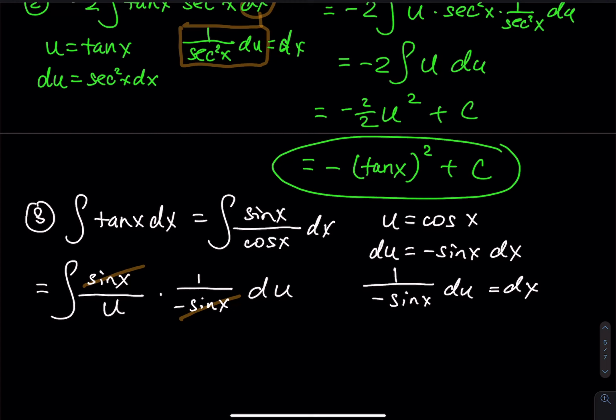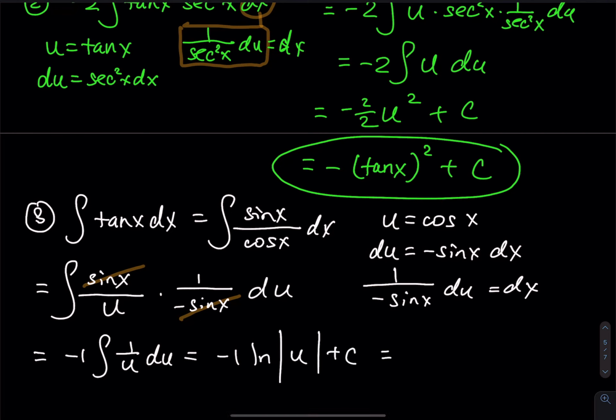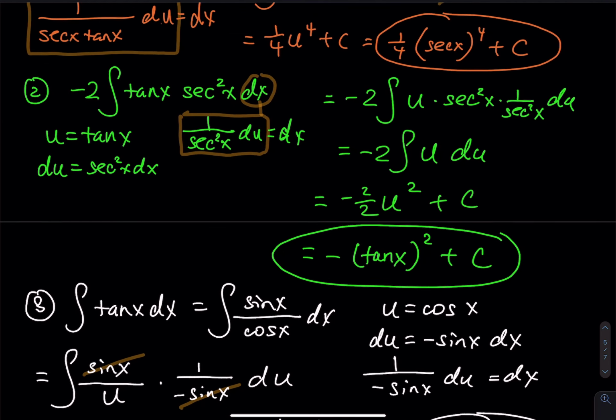So this is negative 1 integral of 1 over u du, that is negative ln absolute value of u plus c, and then you put the u back, then that will be the absolute value of cosine plus c. So this is number 3, and then you add those 3 parts together.